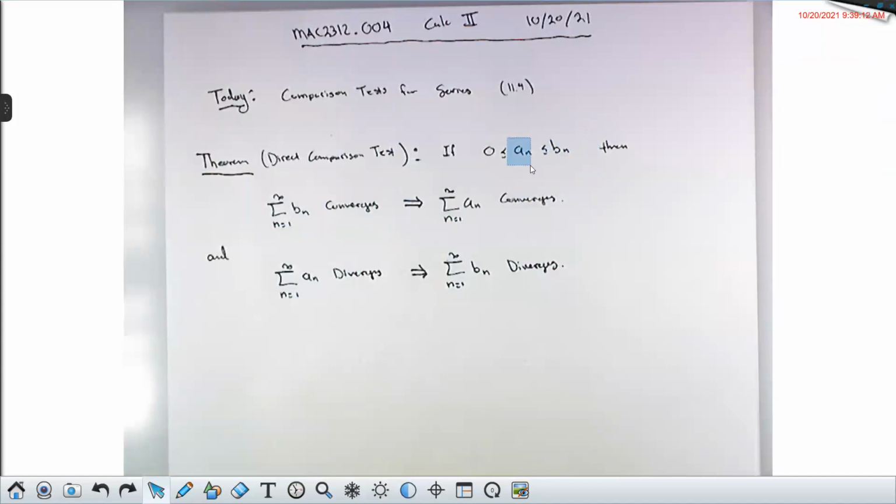You'll either try to squeeze your guy underneath something that you think has a convergent sum, or you'll try to squeeze something underneath your guy that you think has a divergent sum. So whether the series you're given is the a_n's or the b_n's depends on whether you think that series converges or diverges.